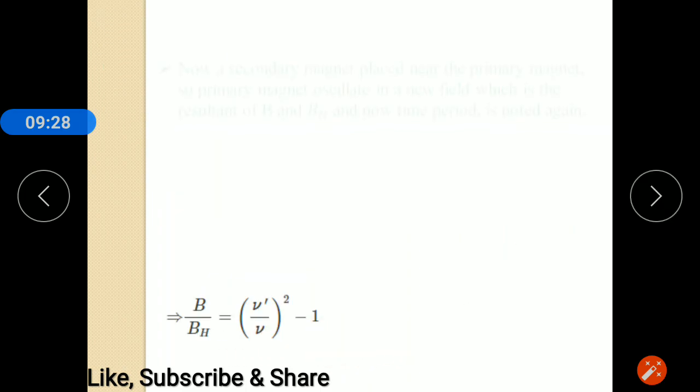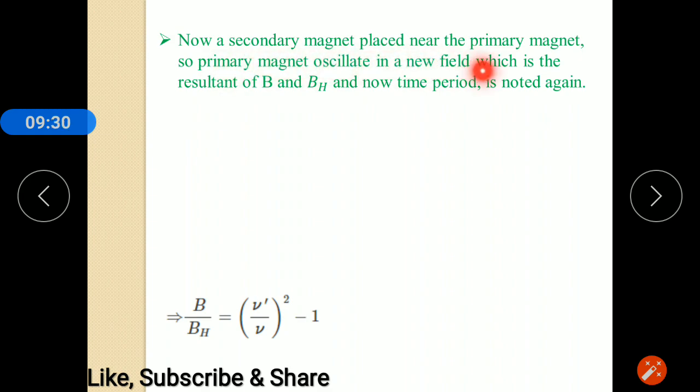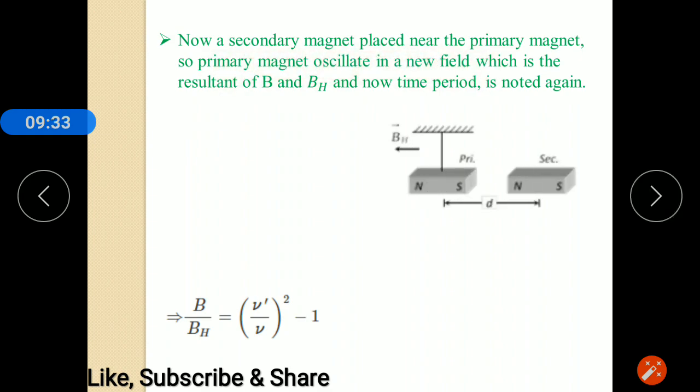Next, in the second method, a secondary magnet is placed near the primary magnet. To create the external magnetic field, place another magnet, the secondary magnet, near this primary magnet. Now when we place this secondary magnet near the primary magnet, the magnetic field generated is the addition B plus BH. Now this magnet is also disturbed about its mean position, and we observe the time period of oscillation, which is considered T dash.